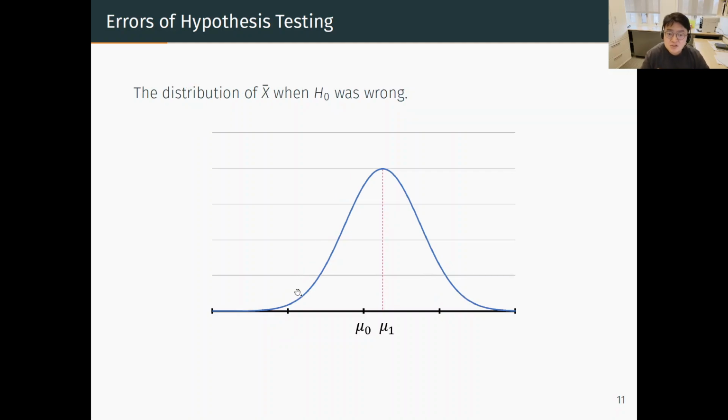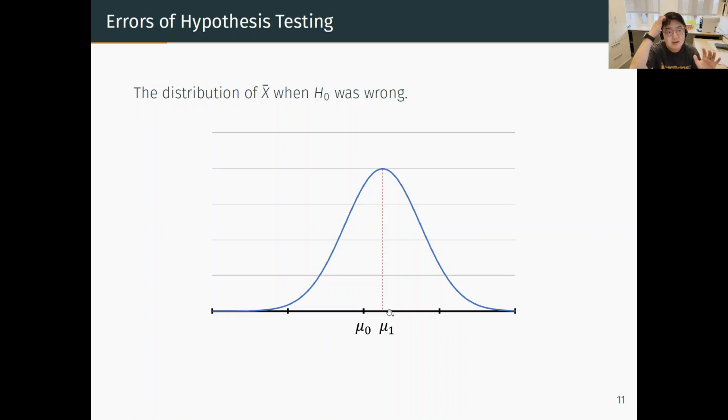But now suppose the null hypothesis is wrong. Then the actual center of the normal distribution deviates from your hypothesis. You believe the center is mu0, but actually it could be mu1. Suppose that the center is not correct. In that case, your sample average will be generated from a normal distribution that is misaligned.